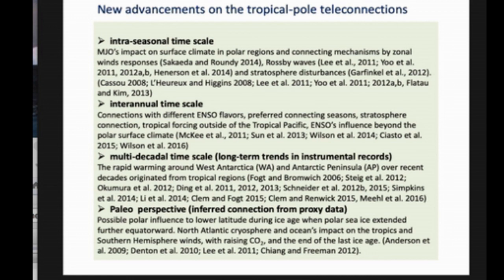But that's a very good question. The new advances in the last decade I organized into different timescales. Firstly is the intraseasonal timescale, which is the MJO. The MJO happens in the tropical Pacific and has phases that go from the tropical Indian Ocean all the way across the Pacific, and they have a preferred window to let the tropical signal go out.